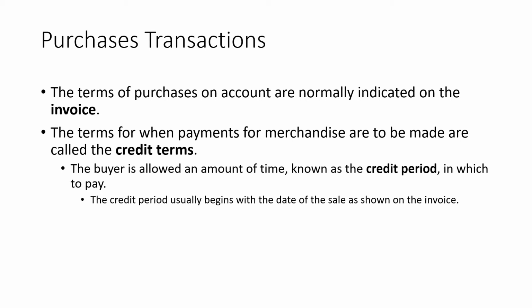So those are called credit terms, meaning how much is owed and over what time period those payments must be made. So the time period is called the credit period. Usually begins with the date shown on the invoice, and for instance, you might have 30 days to pay that amount based on the credit terms.